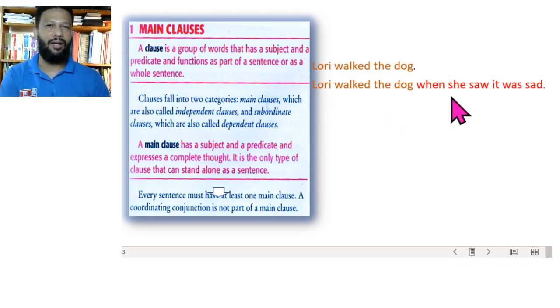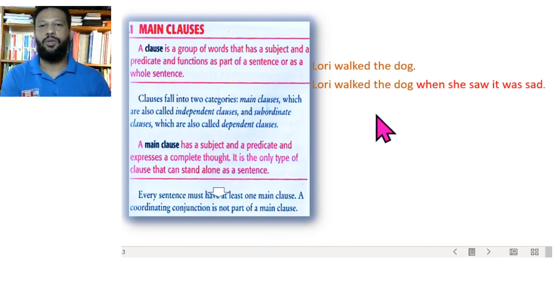And the other clause, when she saw it was sad, contains also a subject, which is she, and a predicate, it was sad. So the second sentence contains two clauses. We can say that one clause is part of a sentence.